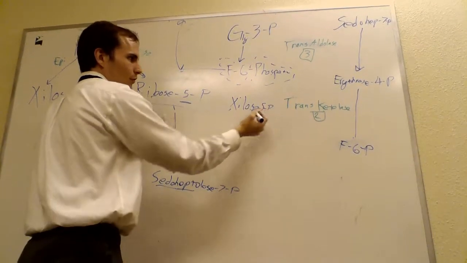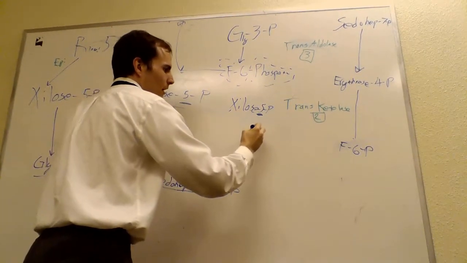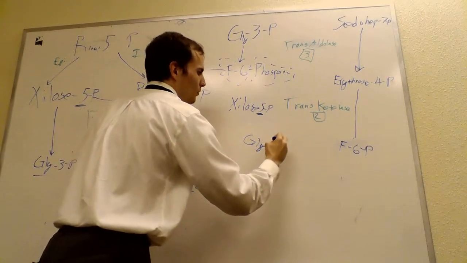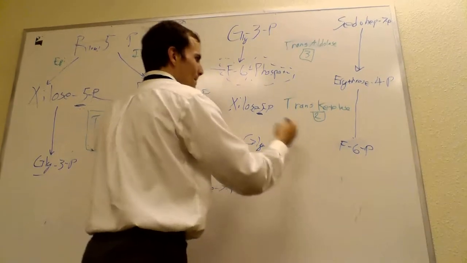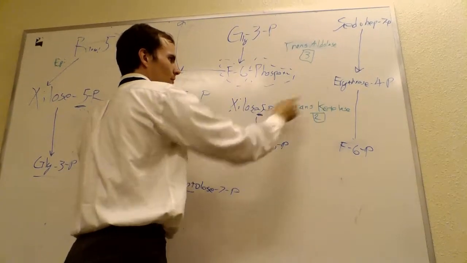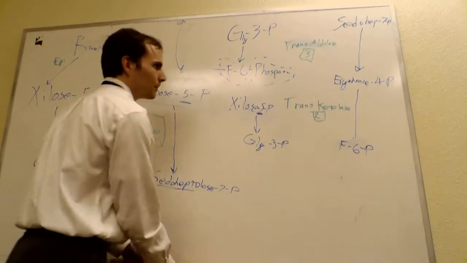This one, xylulose loses 2 carbons, and so it becomes glyceraldehyde 3-phosphate. Okay? And that's from xylulose. So these 2 just exchanged carbons.